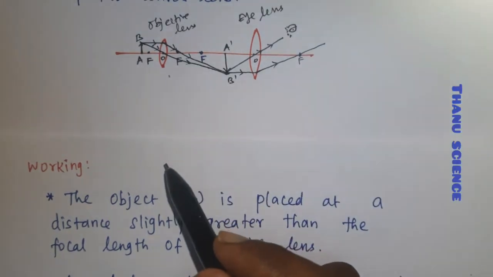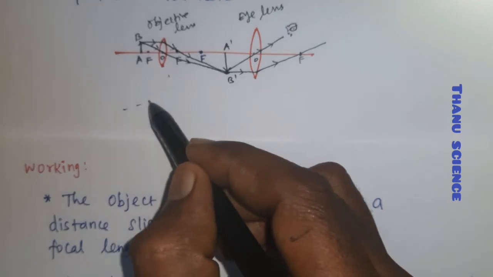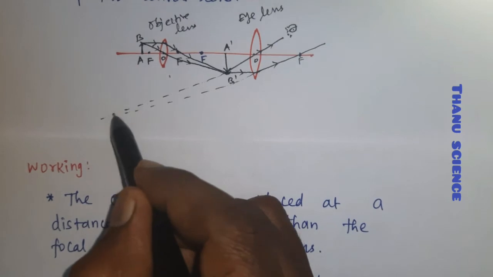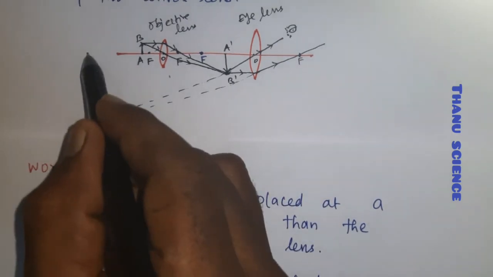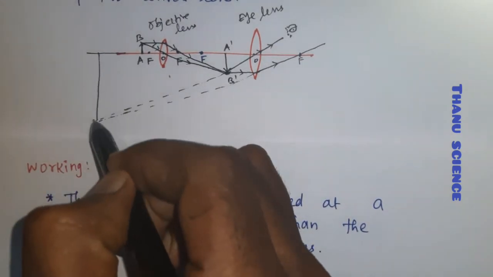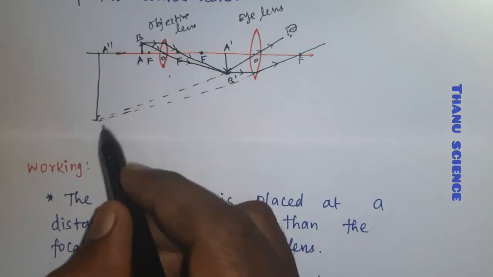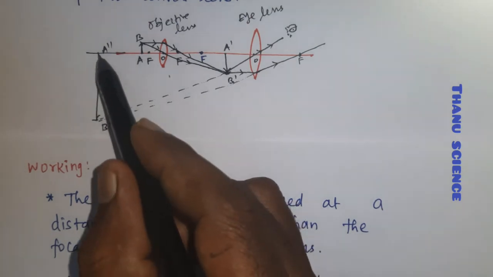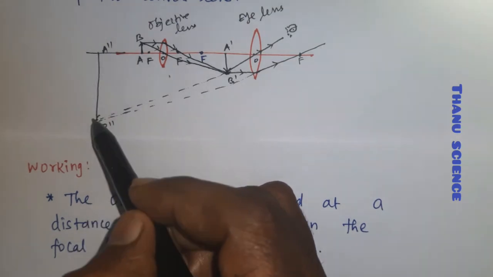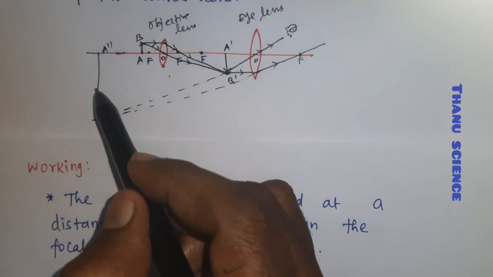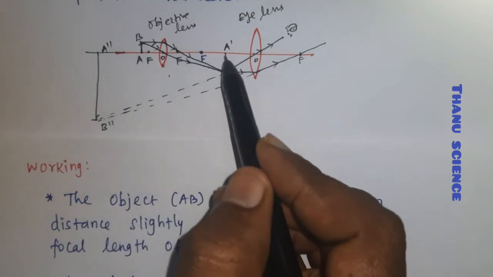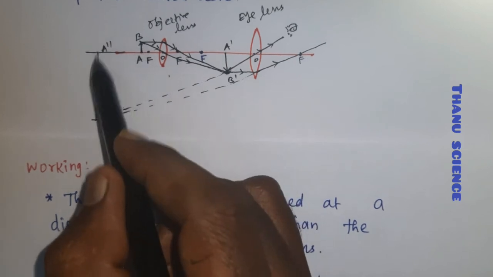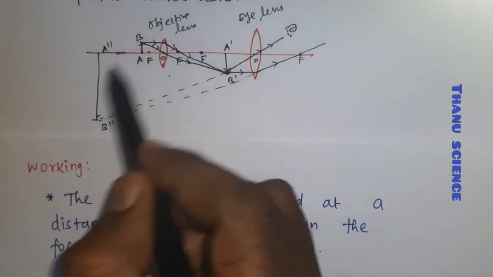If we extend these refracted rays, we'll get the position of the image. This image is considered as the final image. This is A double dash B double dash. This A double dash B double dash is the final image, magnified, virtual and erect with respect to this image, but the object and final image are formed on the same side.